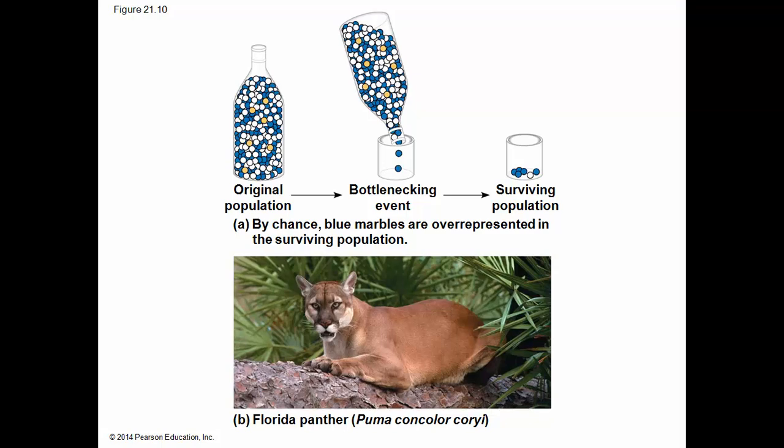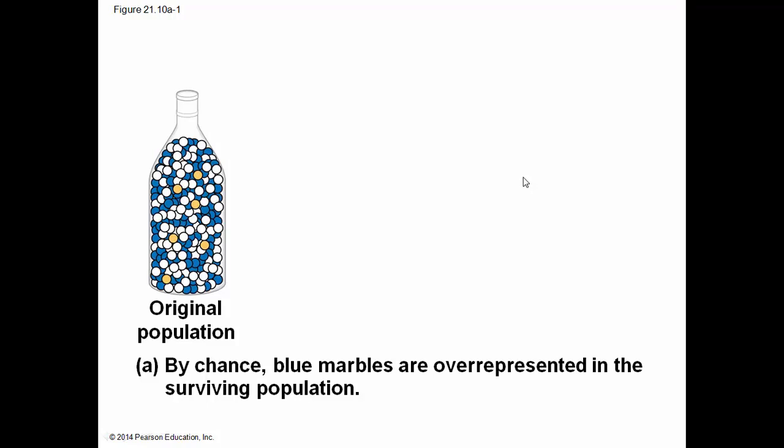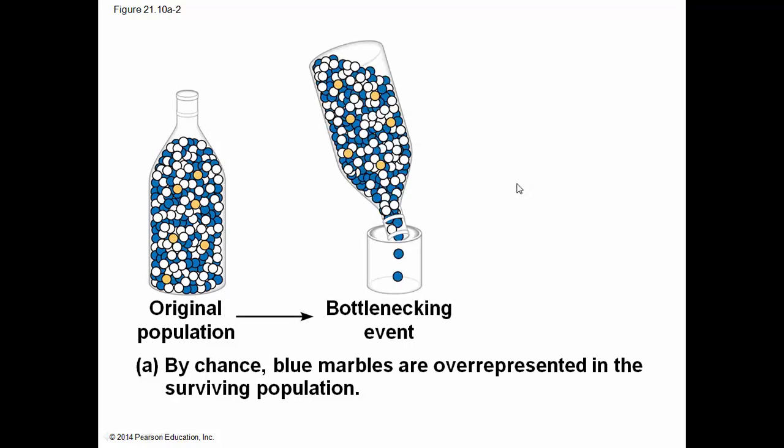Those that survived only had limited traits. You can see in the final container here: the original population with many different traits, the bottlenecking event, the destruction of the populations, and the surviving population can then only reproduce with those limited traits. By chance, blue marbles are overrepresented in the surviving population.